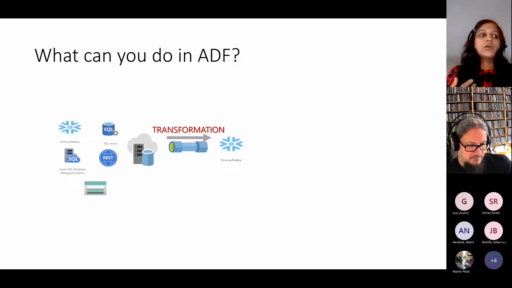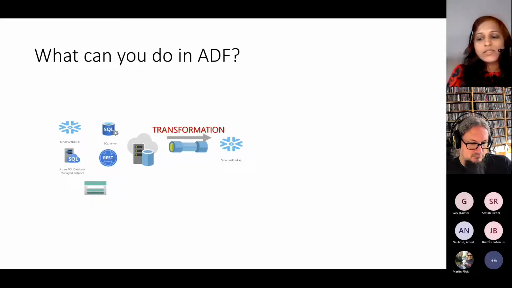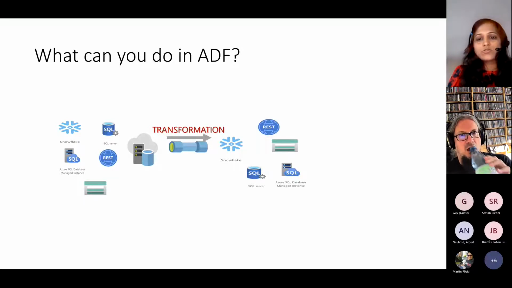You can union a few things. You can add aggregation, and do so many things here. Transformation, like how you write a SQL query, the same thing you can do here by just dragging and dropping components, and then you can select your destination or sink. So these are the simple sources you can use.